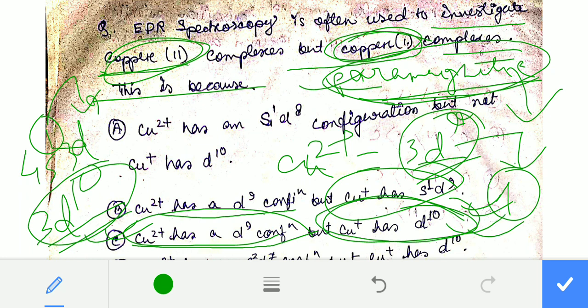In 3d10 there is no unpaired electron, so it cannot be investigated under EPR spectroscopy.